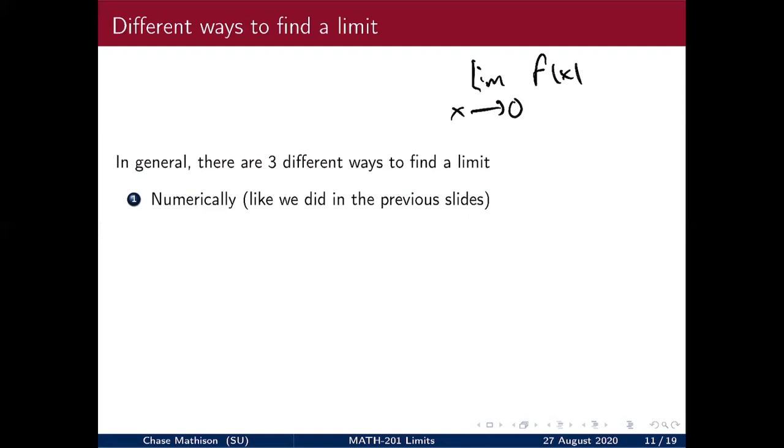The problem is this, you're only using 1 point, and the limit fundamentally depends not on just 1 point close to the point you're looking at. It depends on all the points that are close to the point you're looking at.